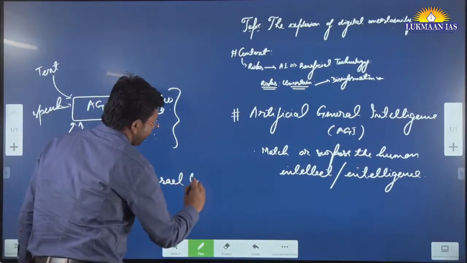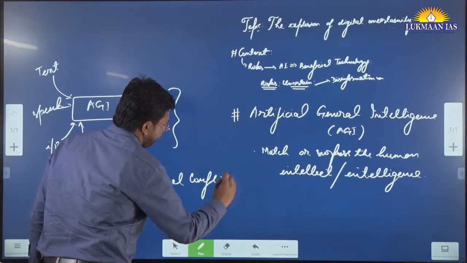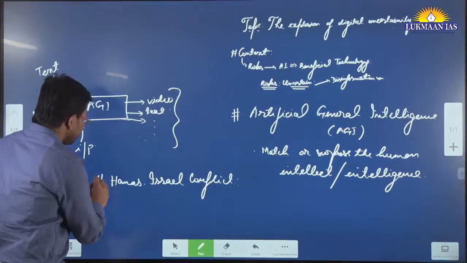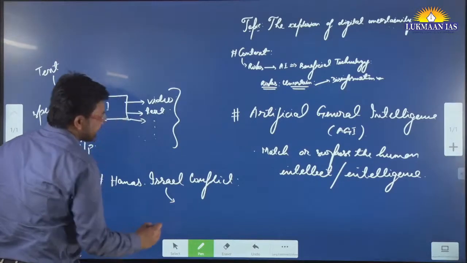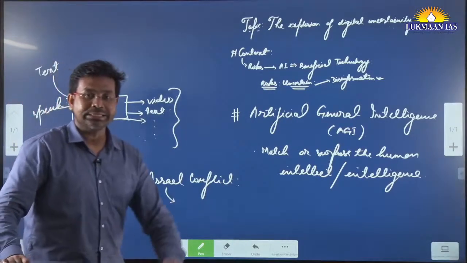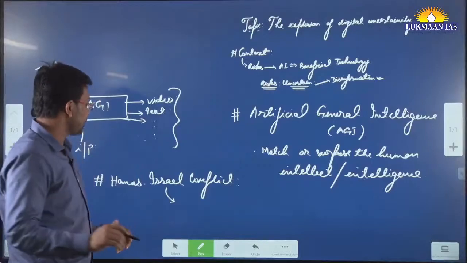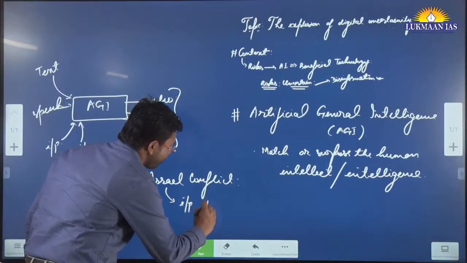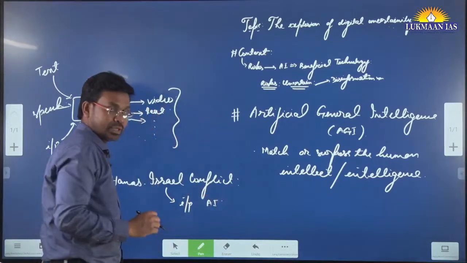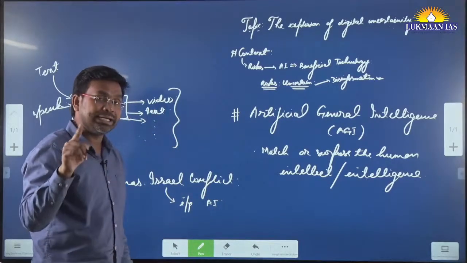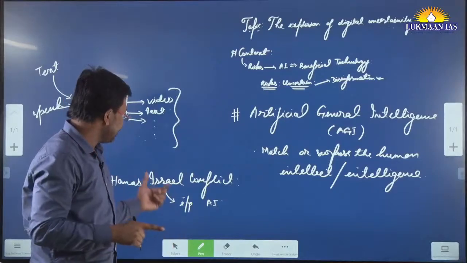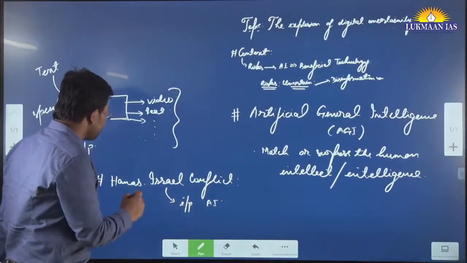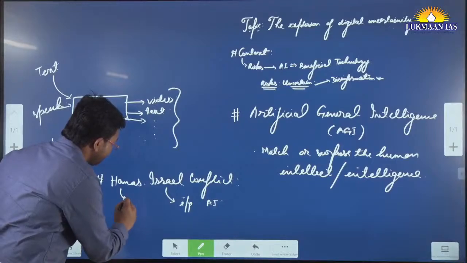The author has said that Israel as a country is mostly relying on artificial intelligence, on inputs that it receives from artificial intelligence systems. However, because of intelligence failure with the Israeli authorities, the Hamas people have been able to launch missiles.